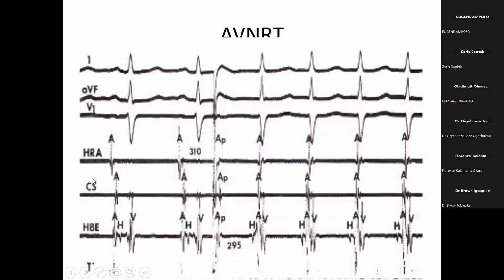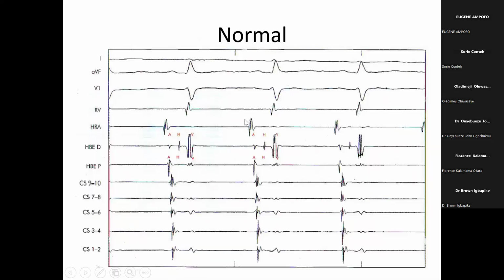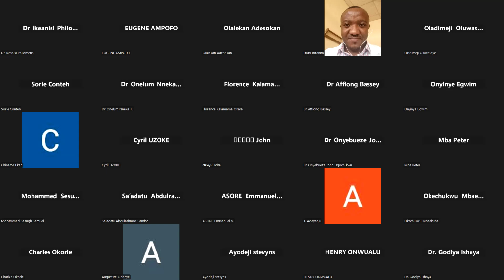I think I have a picture of the His catheter here that would help you. Let me stop this here so that you can see the way they number the catheter. So this slide will be good for us to see.